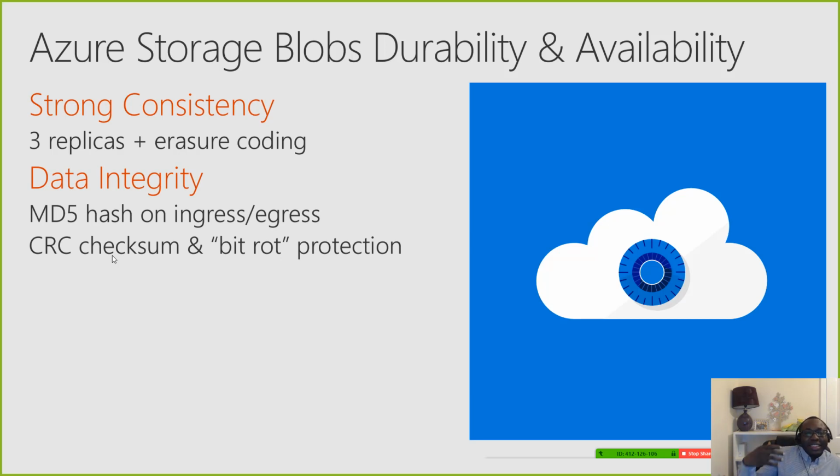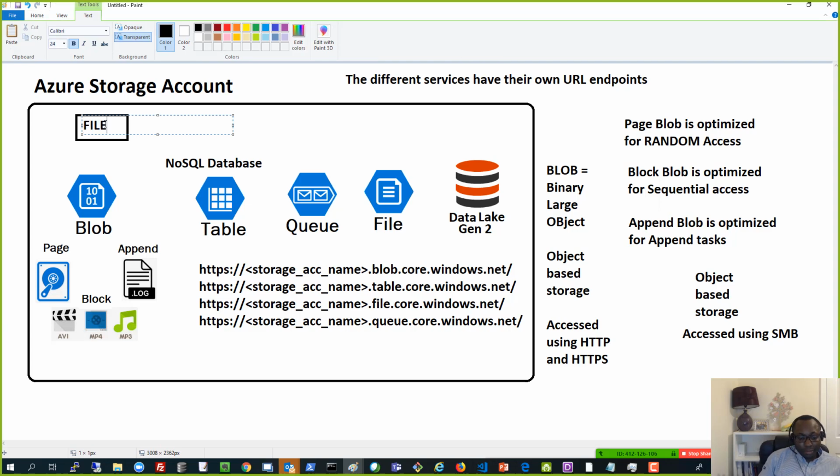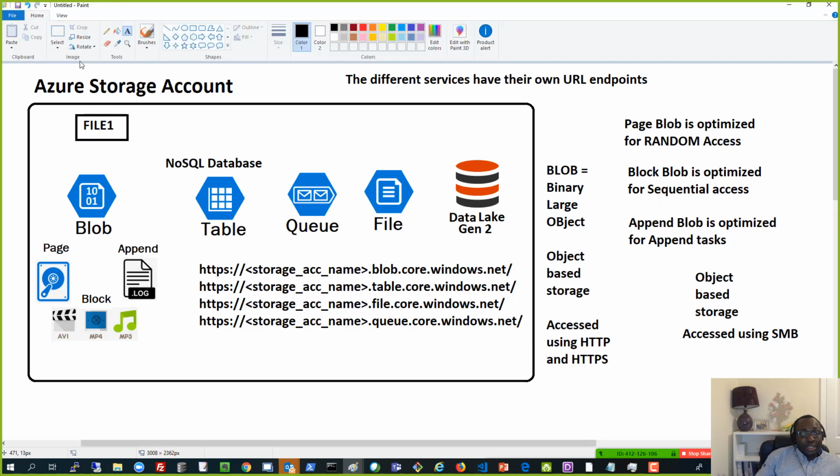So number one is that it has strong consistency. In other words, let's go back to talk about this consistency bit. If you say I want to store a file, this is file one on this storage account in the blob service, it's not just going to store it once.